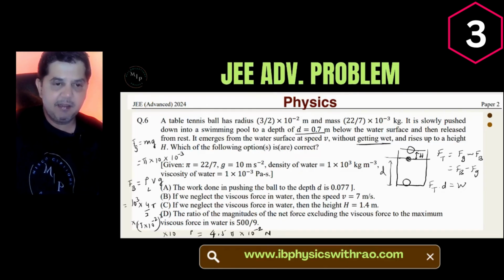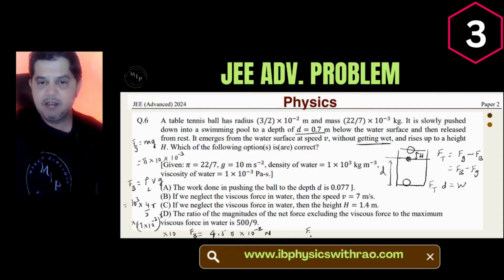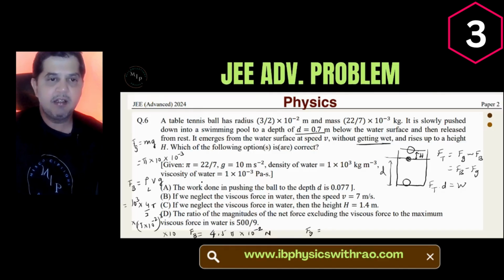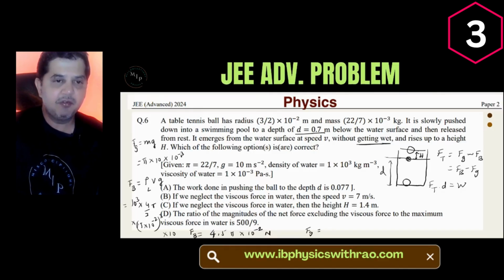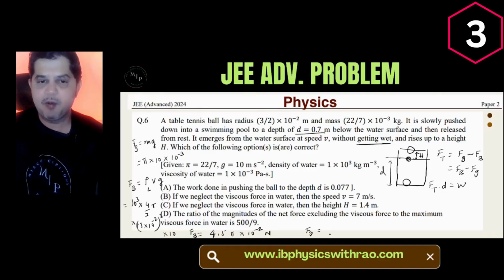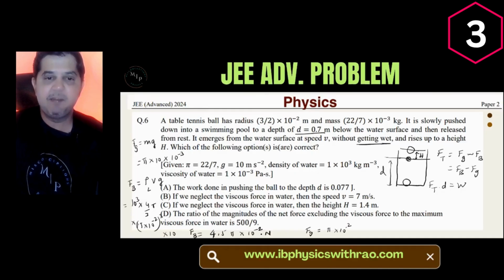What is this? This is nothing but your FB. And what's the value of FG? FG is nothing but 10 into 10 power minus 3, that is 10 power minus 2, pi into 10 power minus 2. That's why I kept this as pi only. Okay. Now I can simplify it easily.